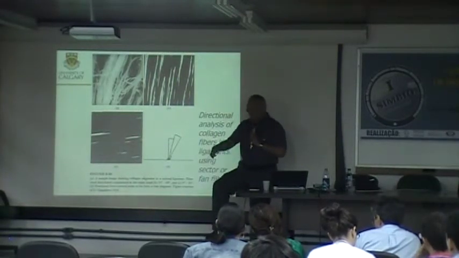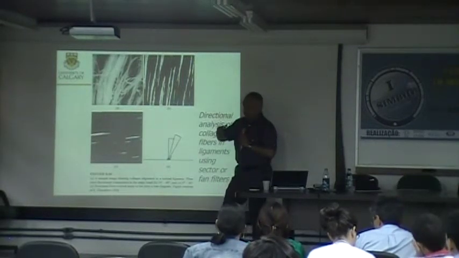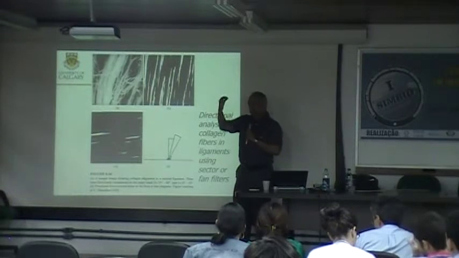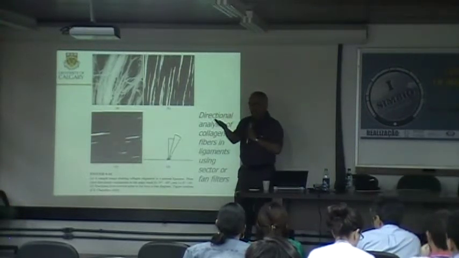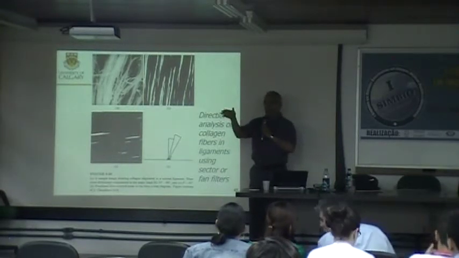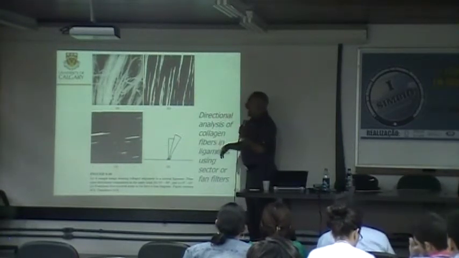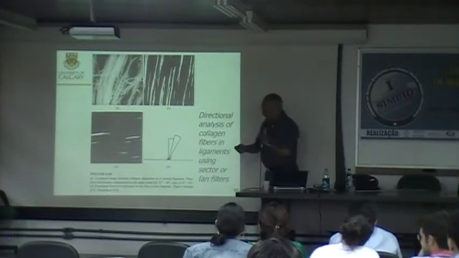The ligament is the medial collateral ligament in the knee, not mine, but the rabbit's. Take that out and then freeze it, fracture it, and you have to treat it for electron microscopy, plating it with gold and so on. And then you scan in the electron microscope and you get an image like this.